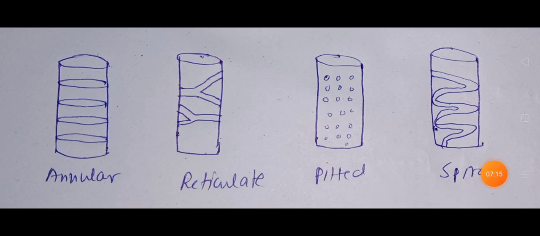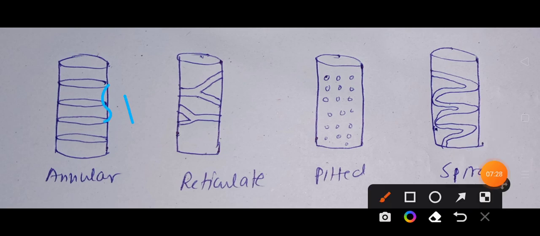So the secondary cell wall, for a quick recap, is formed after the primary cell wall. It is deposited in between the primary cell wall and the cytoplasm, and it has three different layers: S1, which is the outermost layer, S2, which is in the middle, and S3, which is the innermost layer.